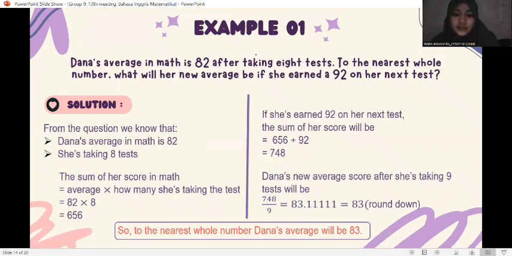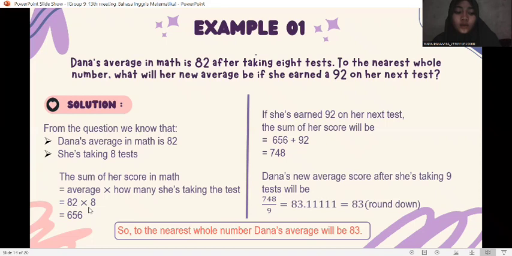The solution is, from the question, we know that Dana's average in math is 82 and she has taken 8 tests. The sum of her scores in math equals the average times how many tests she has taken.